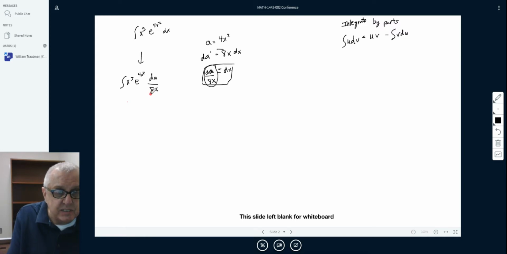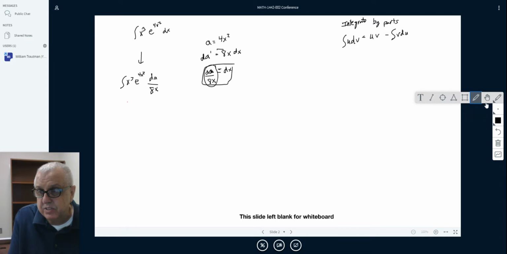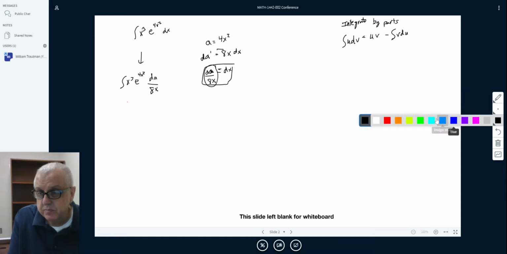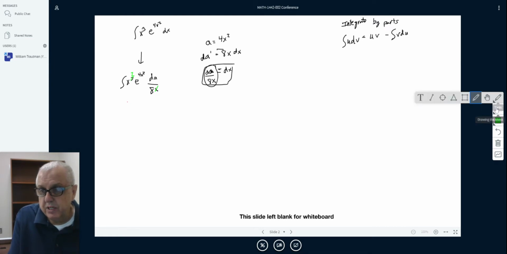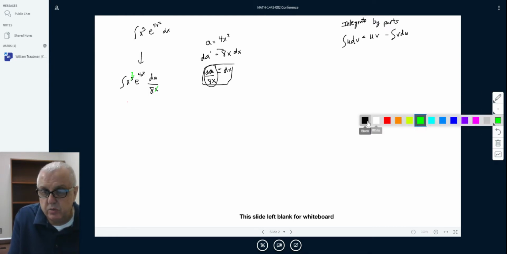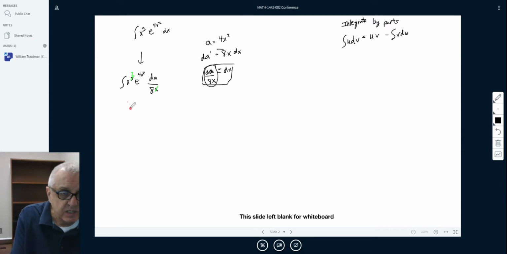If you notice now, one of the x's cancels out, and we have x squared. So what I'm dealing with now is x squared e to the 4x squared.